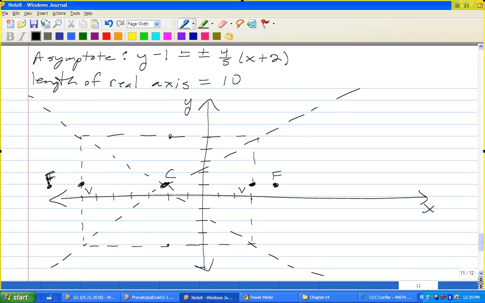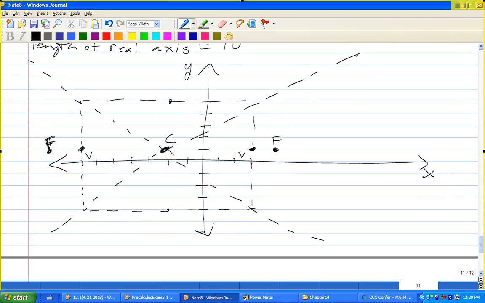Okay, and here are my asymptotes. So here's my hyperbola.